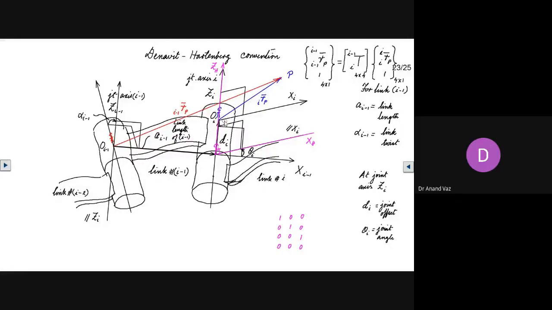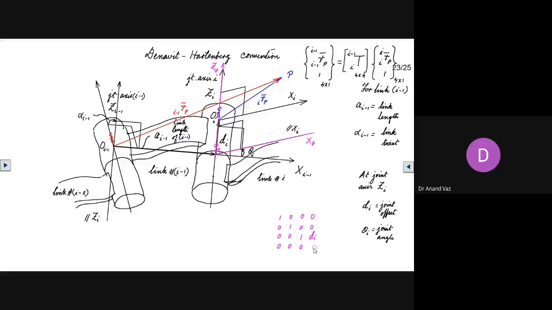The origin of the frame I as observed by the observer in frame H is di units along the z axis. So the z component is going to be di, and this is going to be 0. This is going to be 0.